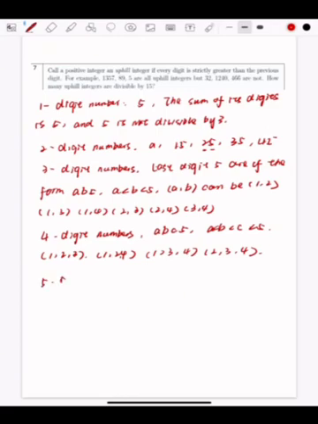And for the 5-digit numbers, that is ABCD5. Okay, and the only one is here. And also we talk about the same idea for the 6-digit and more.